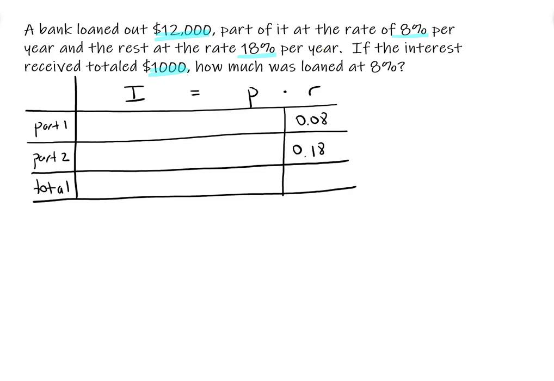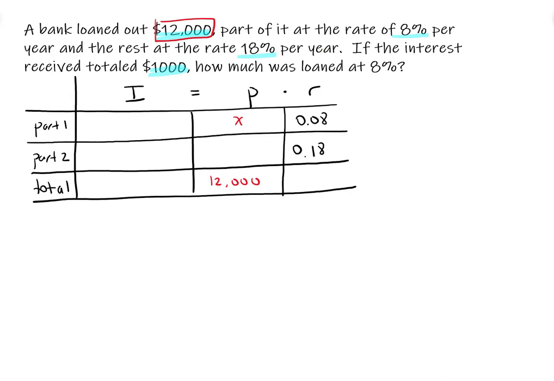Alright. Now how do I fill in the other two boxes? This one's a little bit tricky, but for the principal, we know that we have this much total that's loaned out. So I'm going to put $12,000 as a total loan. And we put a certain amount here. We don't know how much, so we're just going to put X. That's what we're looking for. How do I fill in the second one?